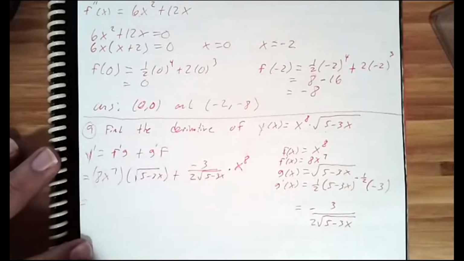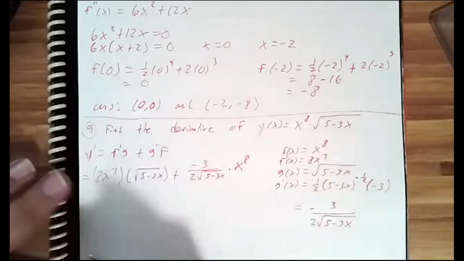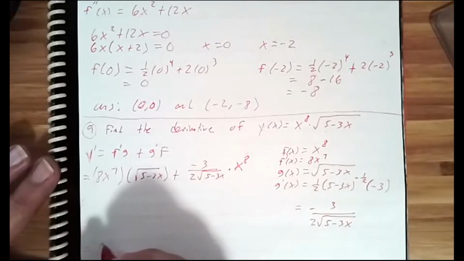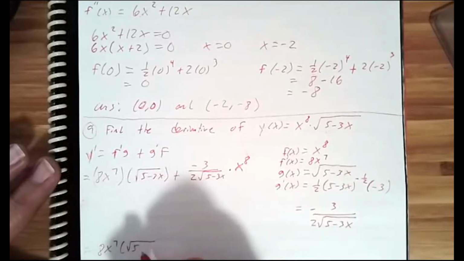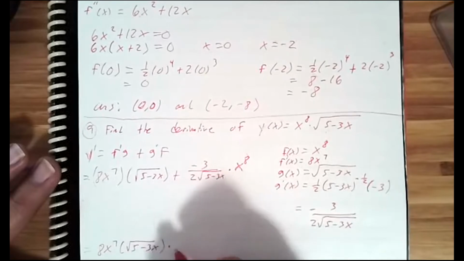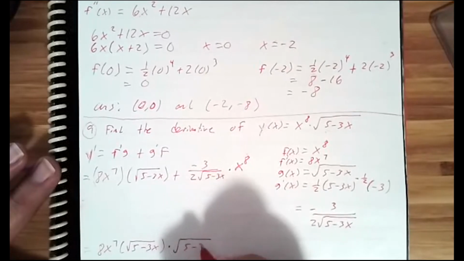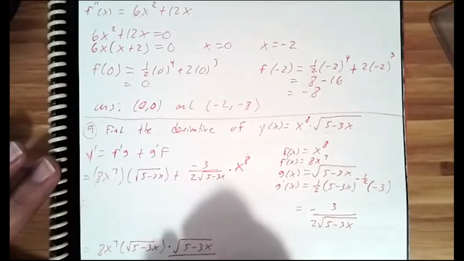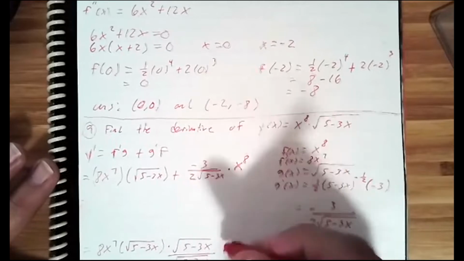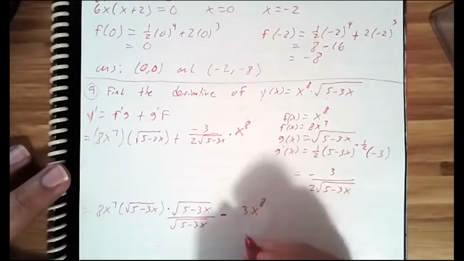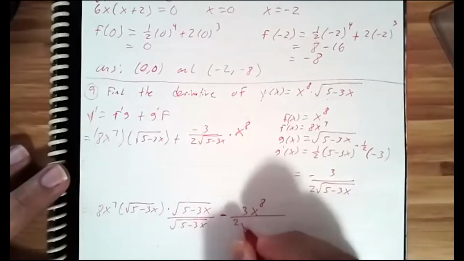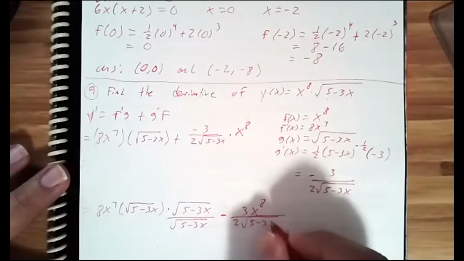So what I'm going to do, a lot of space here, do it down here. Multiply top and bottom by this guy. This will become minus because of the -3 here. So minus 3x to the 8th over 2 square root 5 minus 3x.